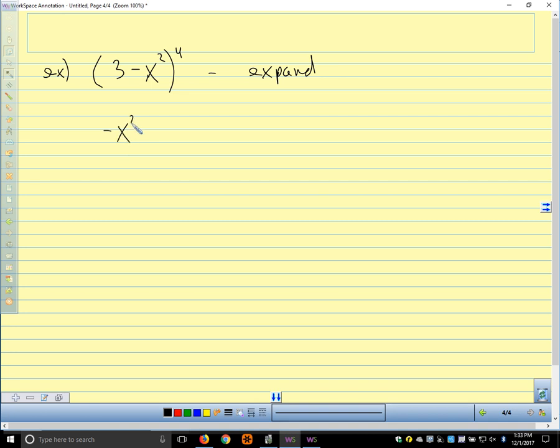I'm going to write this as minus x squared plus 3 to the 4th, and that's going to equal the sum r equals 0 to 4, 4 choose r. Here's one place that we have to be careful. This is negative x squared, so we get minus x squared to the 4 minus r, and here we get 3 to the r.